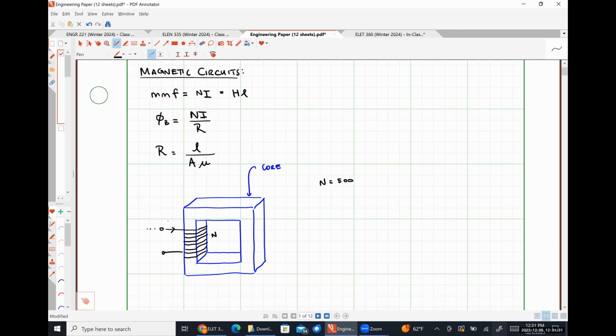Our current is flowing in this particular direction. And our current I is what we're actually going to be solving for here.